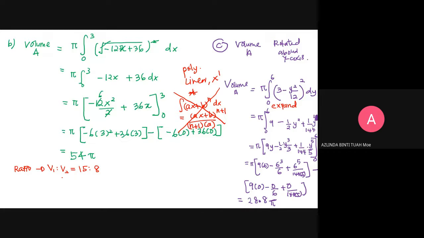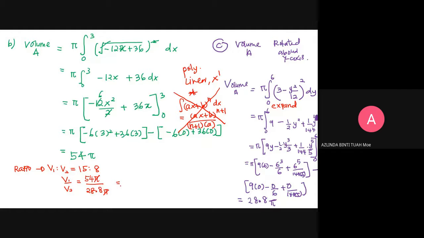Maksudnya kita kena bahagi V1 divide by V2. So V1 is 54 pi divide by V2 28.8 pi. Pi divide by pi, 54 divided by 28.8.